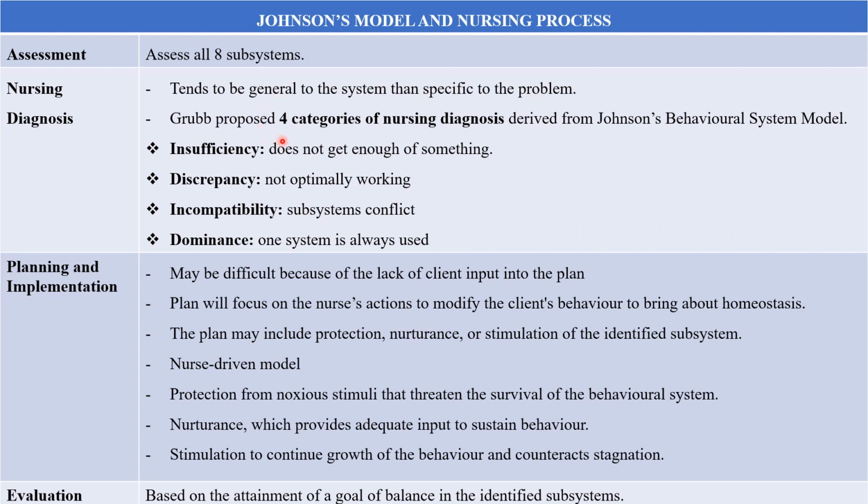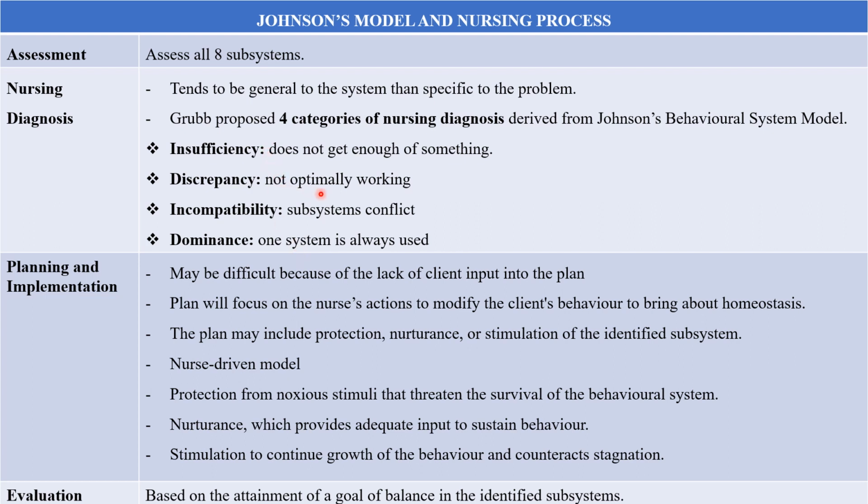According to Grubb, 4 categories of nursing diagnosis were proposed, derived from Johnson's behavioral system model. These are the 4. Insufficiency. Insufficiency means does not get enough of something. When some subsystem is not functioning sufficiently, that is insufficiency.